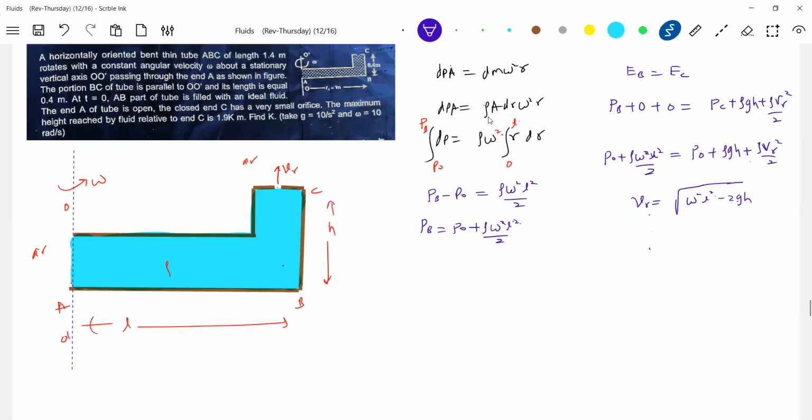Now, what is the height attained by it? The end of the tube is closed. The maximum height reached by the fluid relative to C is Y max, which should be equal to VR square by 2g.